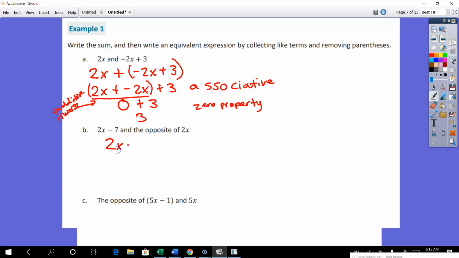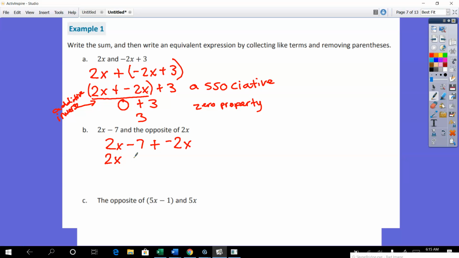So we have 2x minus 7, and then the opposite of 2x. So we're doing the sum and the opposite of 2x. I see subtraction, so the first thing that I want to do is change it to addition so that I can move things around.